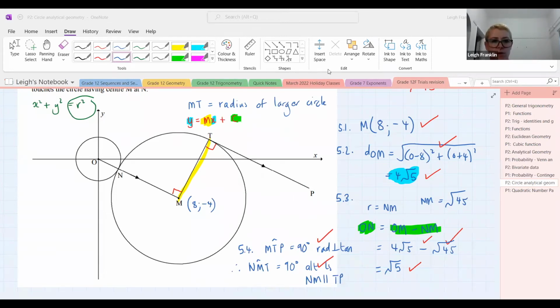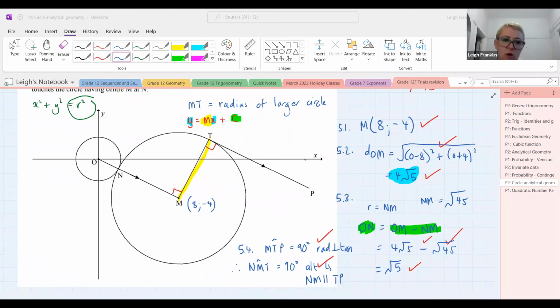There we go. So Daniel's onto something here. Some of you are saying that the gradient of OM and the gradient of TP is the same, and that is true. That's absolutely true because OM and TP are parallel to one another.